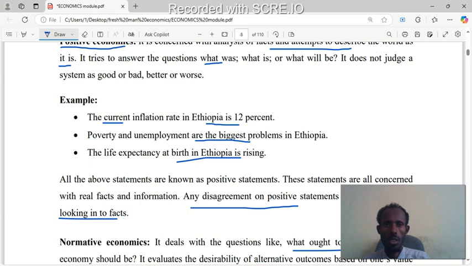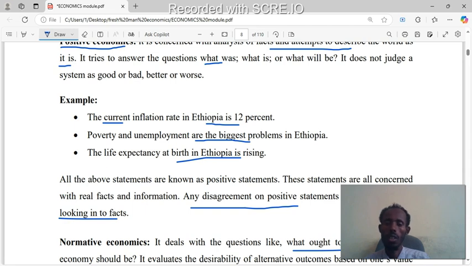Whether it is below or above 12, you can check through research done on the inflation rate in Ethiopia, or from any resource, to see whether it is 40 or 60.